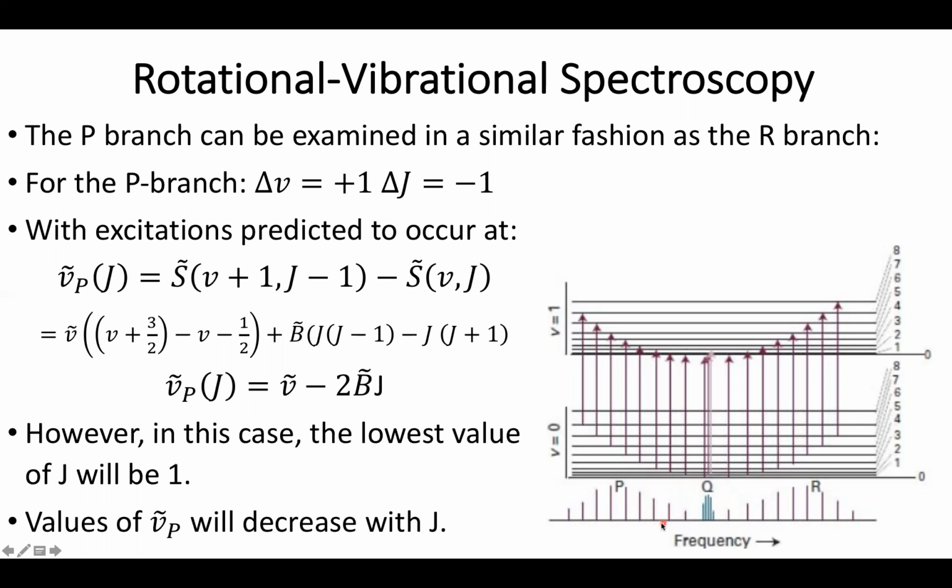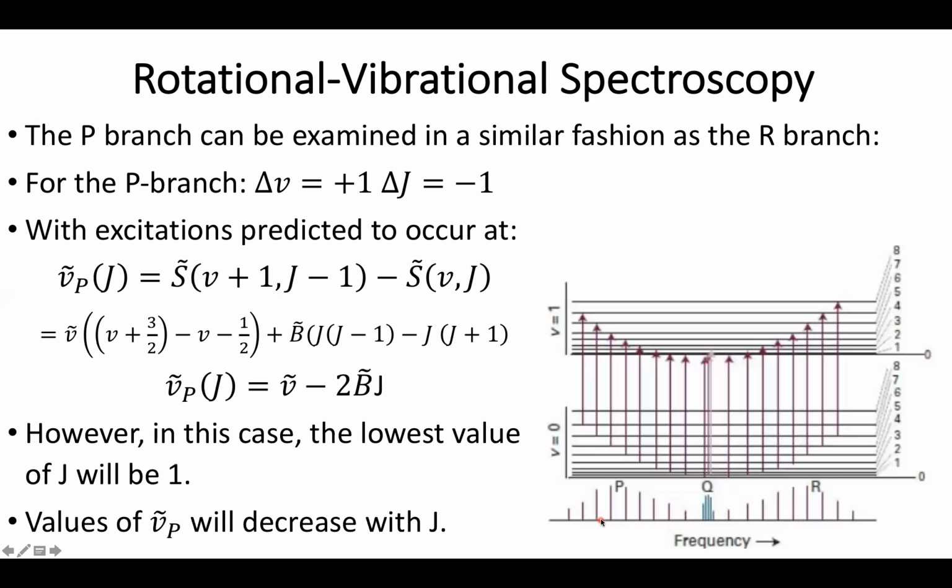We're going to see lower and lower frequencies as I increase my value of J. And one of the ways to think about this is I'm able to steal more and more energy from my rotational term. So I need a little bit less energy to come directly from the light because, again, lower frequency, lower wave number, lower energy.